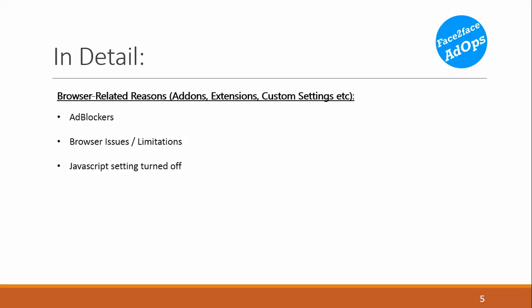So again there can be incomplete requests which don't get fulfilled because of the incapability of the browser to showcase that kind of unit. So these are browser issues and limitations. JavaScript being turned off is another issue which might affect the showcasing of the ads on a particular website.